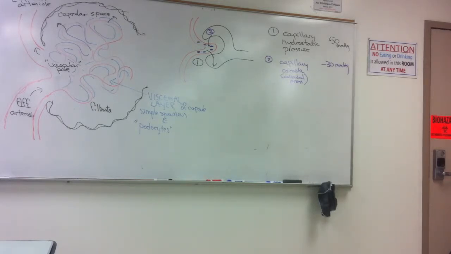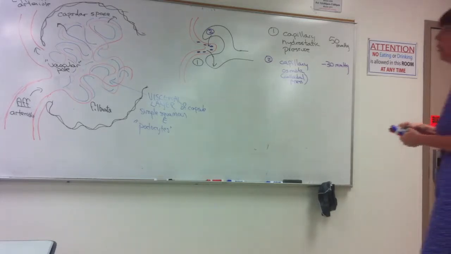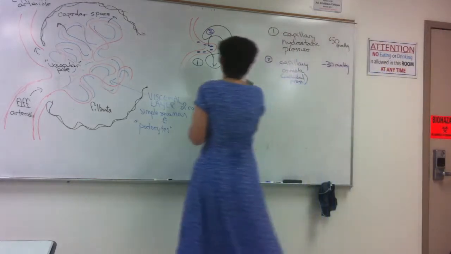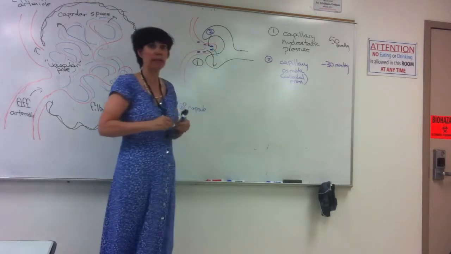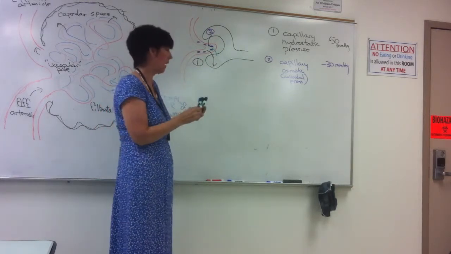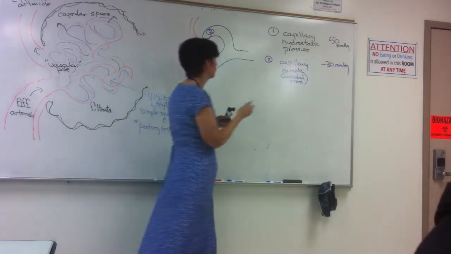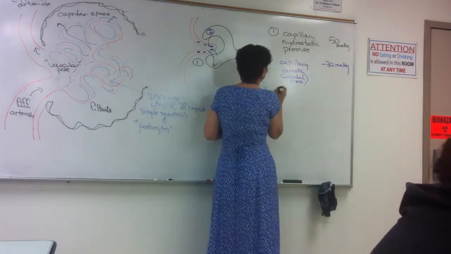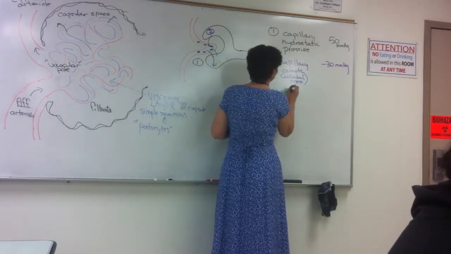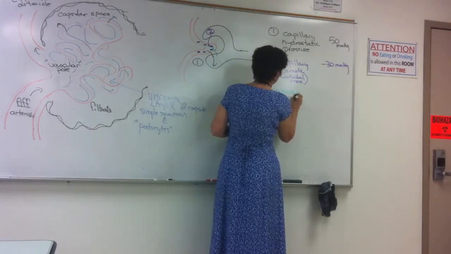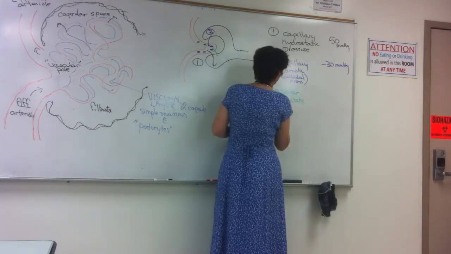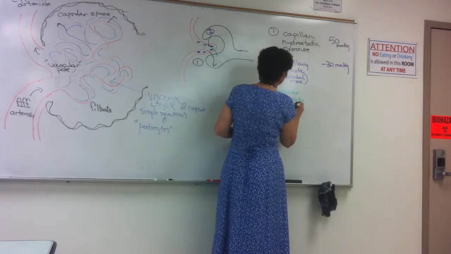If there's already water in there, it's going to make it more difficult for more water to go in. And so we have the capsular hydrostatic pressure, which is also an opposing force to our primary hydrostatic pressure. So this would be a capsular hydrostatic pressure.